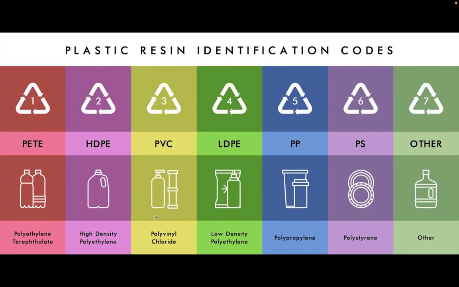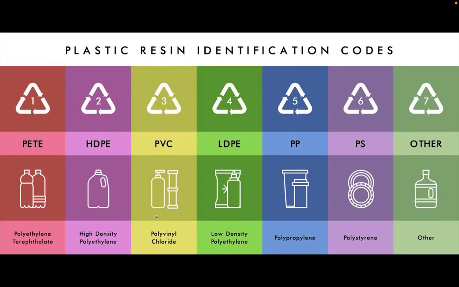For plastic, a triangle made up of three arrows surrounding a number from 1 to 7 forms a Mobius strip, known as the universal recycling symbol. It symbolizes and identifies the packaging material as well as whether it can be recycled to make new products.